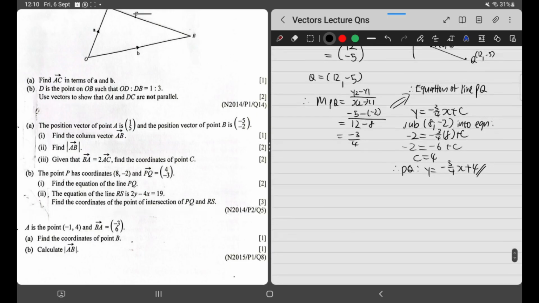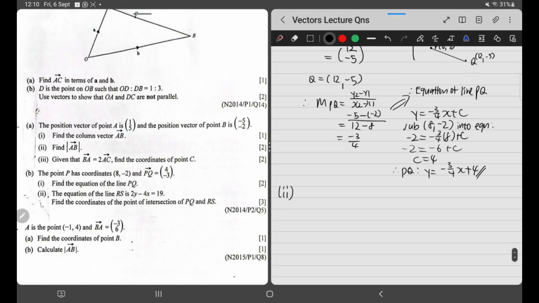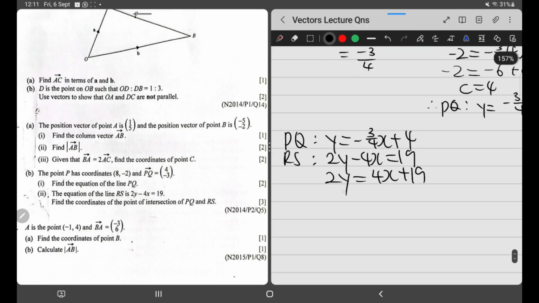Okay? And then I find the coordinates of the point of intersection between PQ and RS. So PQ is y equals -3/4 x plus 4. Right? RS is 2y minus 4x equals 19. If we rearrange this, we get 2y equals 4x plus 19. And then we get y equals 2x plus 19 over 2.